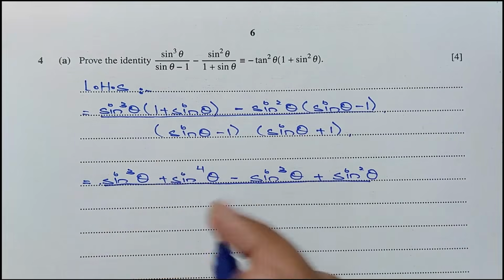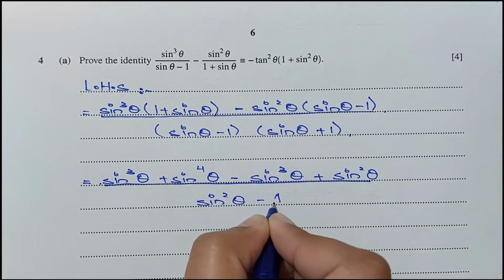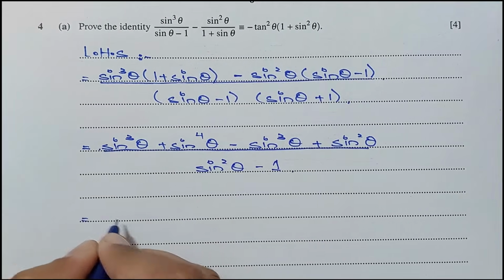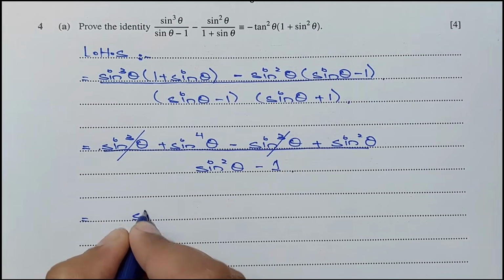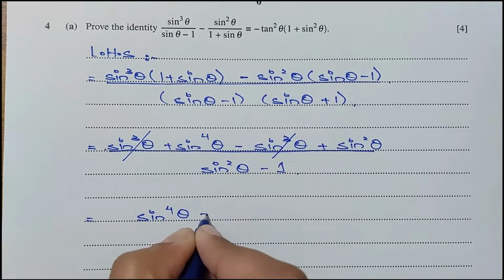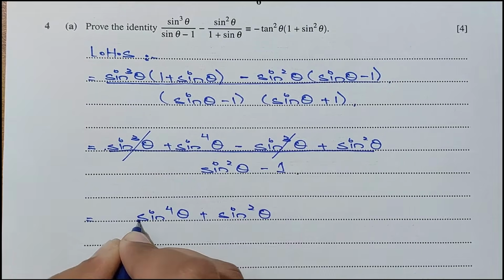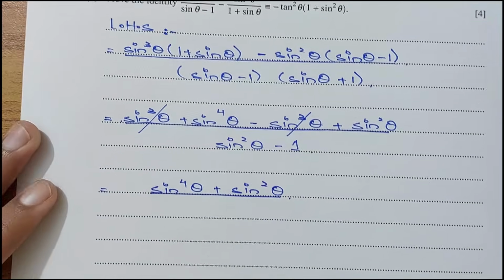A minus b into a plus b is sine squared theta minus 1 in the denominator, right? Okay, so for further simplification, you can cancel sine cubed theta, right? Sine 4 theta plus sine squared theta over, what is sine squared theta minus 1?